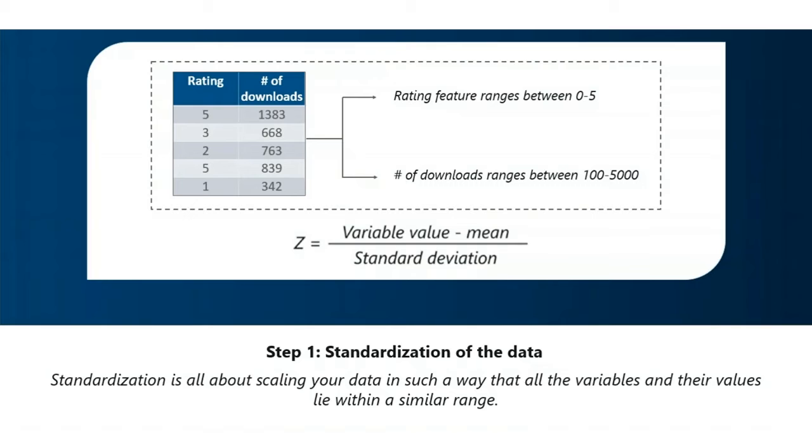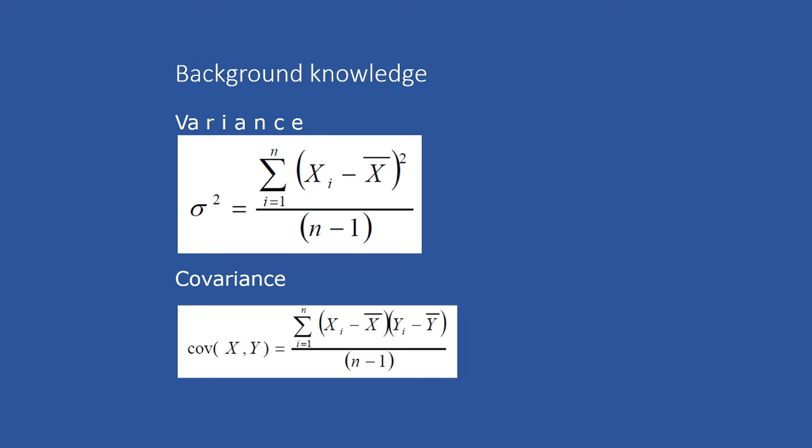This provides the standardization of our data. Now, this is the formula we use for the variance. Variance is sigma square, represented as the sum from i equals 1 to n of xi minus x bar, squared, where x bar is the mean, divided by n minus 1.